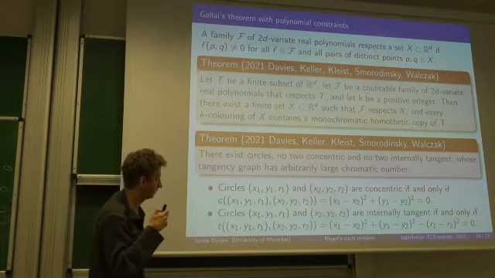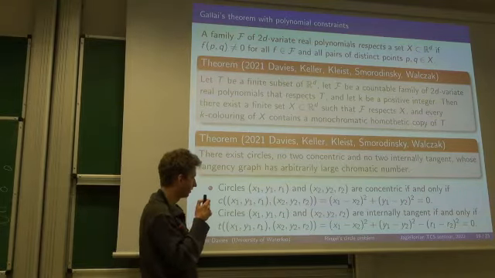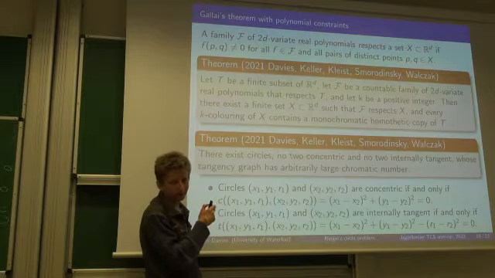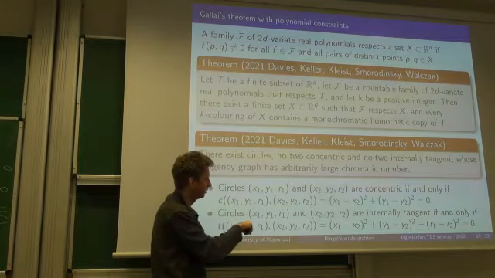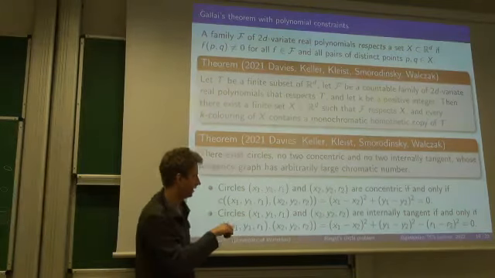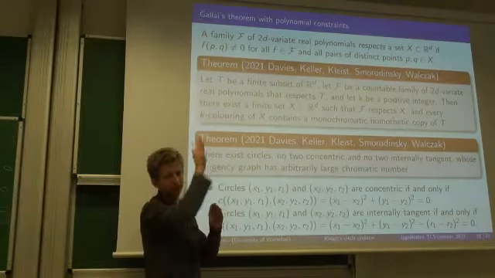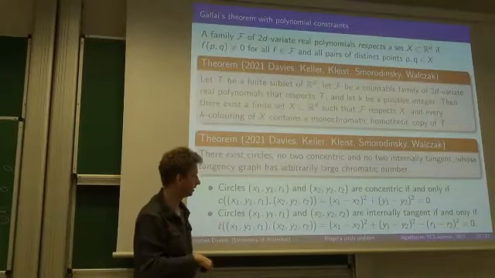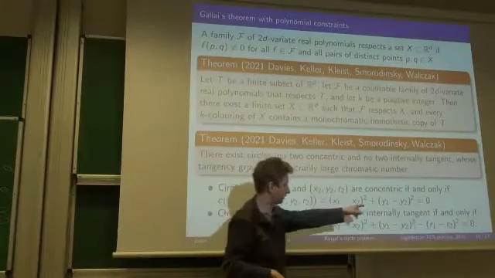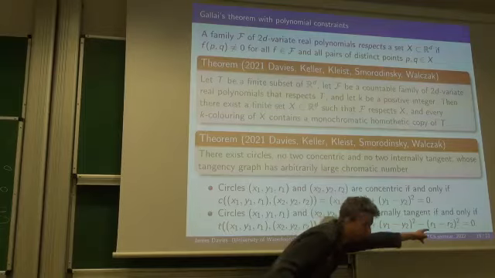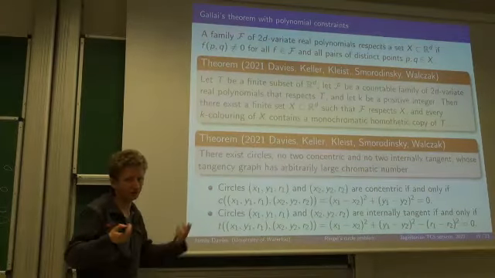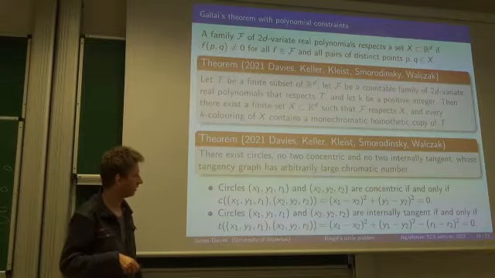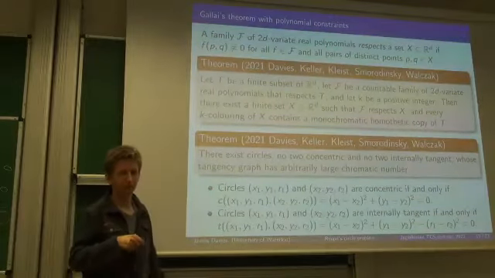There's a slight subtlety here. We weren't applying Gallai's theorem directly to our circles x, y, r, right? We're applying it to this x, y minus r, and we're also doing this translation along the z or r axis. But actually, this doesn't change this condition. We have this r1 minus r2; for increasing r, they're going to cancel out. We take the negatives, it's the same thing. It's just a difference, so that's all fine.